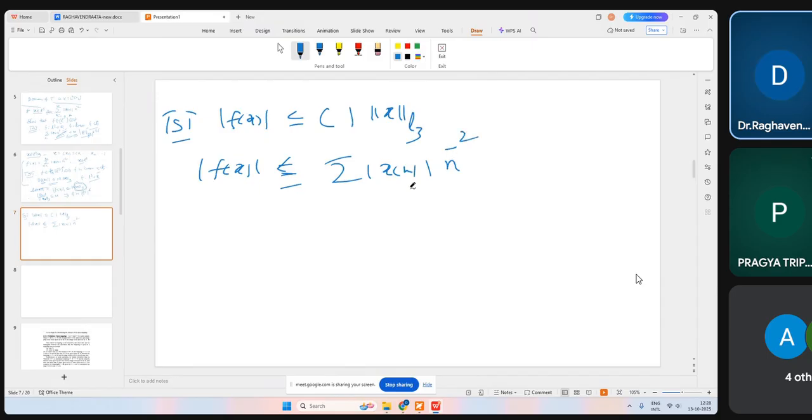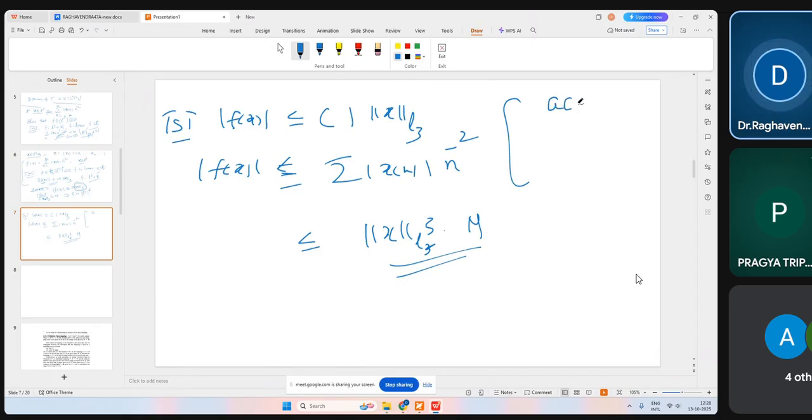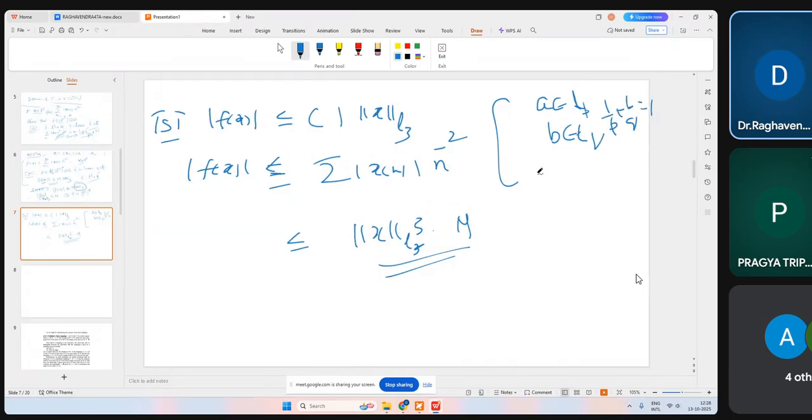What do you know here? I want the L3 norm of x out here, times some constant. How can I get this? If a is in Lp and b is in Lq, I have done this in the class, right? With 1 over p plus 1 over q equal to 1, then ab is in L1.